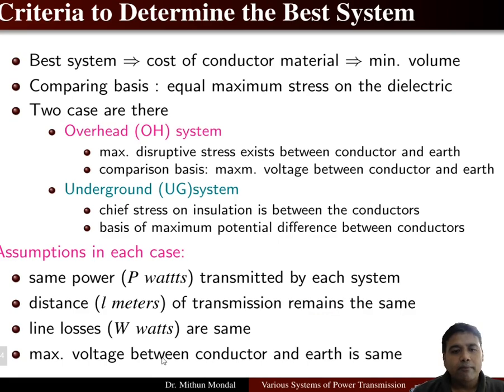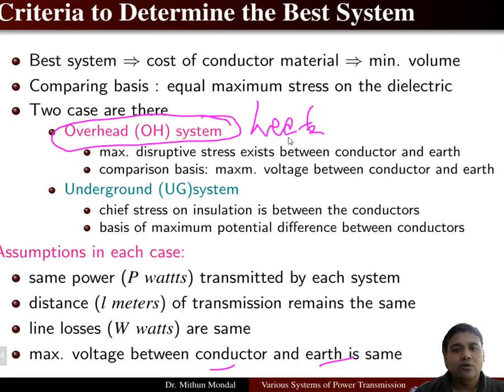Fourth, maximum voltage occurs between conductor and earth, because here we are talking first about the overhead system. In this lecture we will focus more on the overhead system, so lecture number 6 will be the overhead system and lecture number 7 will be the underground system.